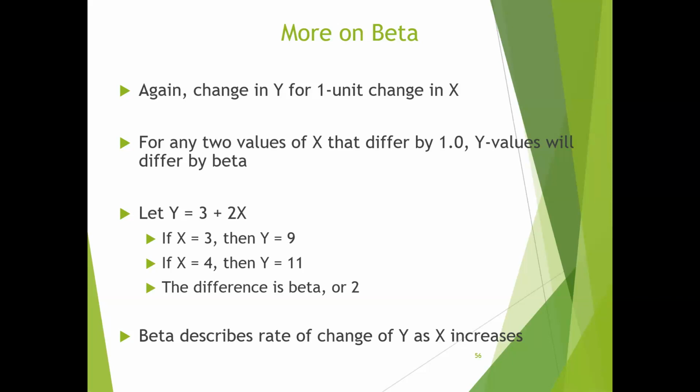If X increases by 1 unit to 4, then mathematically, Y works out to 11. The difference between 9 and 11 is the value of the slope, which is beta, which is 2.